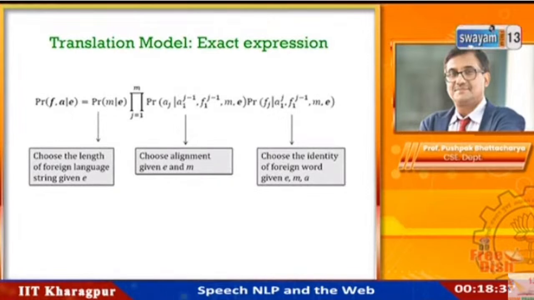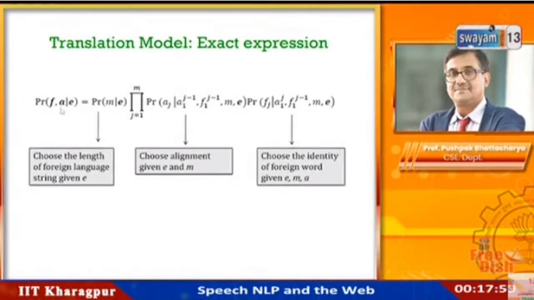There is no approximation here. So the probability of the French string and the alignment given the English string can be written as: first, the probability of M given E, choose the length of the foreign language string given E. Then choose the alignment given E and M. And choose the identity of the foreign word given E, M, and A.